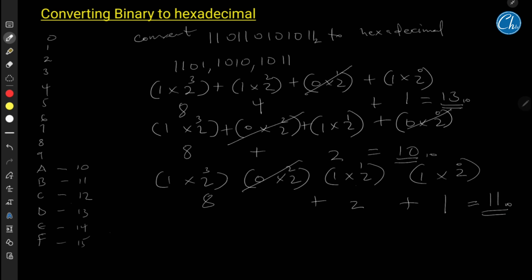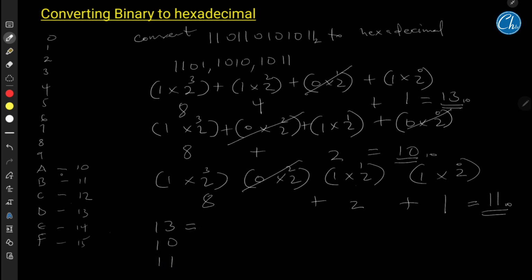Now let's convert this to base 16. In doing that, we are supposed to assign their base 16 equivalent values to them. Now let's rewrite all of them. We have 13, we have 10, and then 11. These are in decimals.